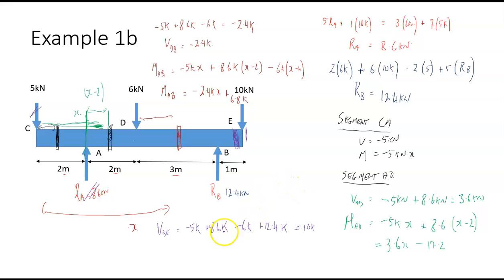And if I want to look at the moment from B to E, I can do the same thing. So it's now minus 5kx. This is now x, plus 8.6k times x minus 2, minus 6k times x minus 4, plus 12.4k times x minus 7.